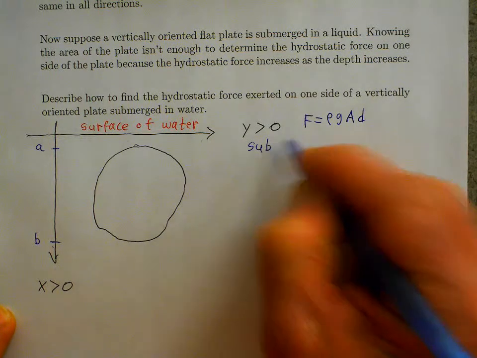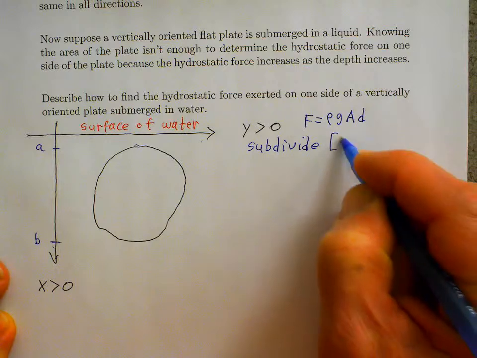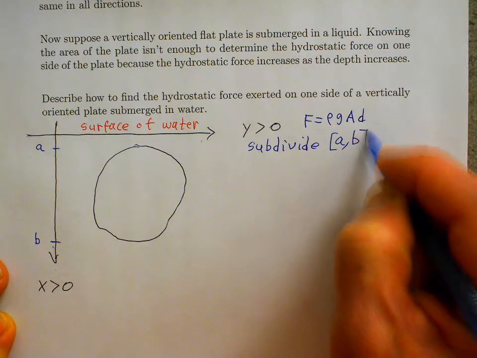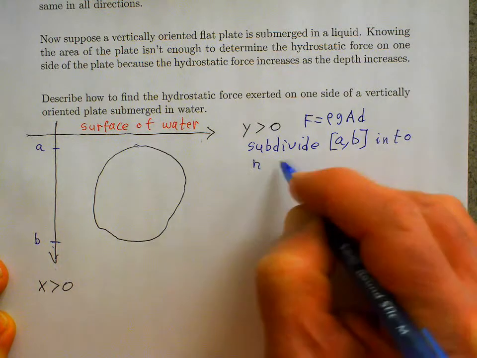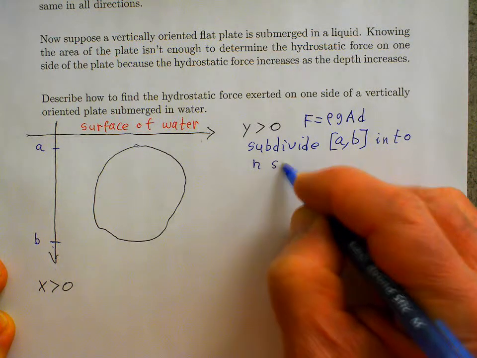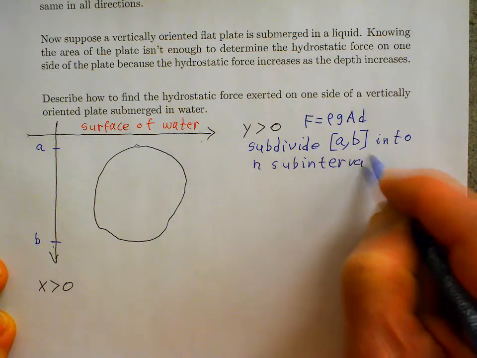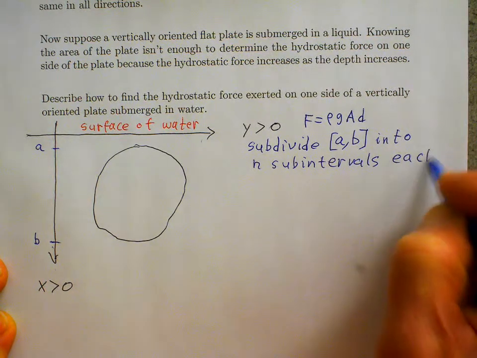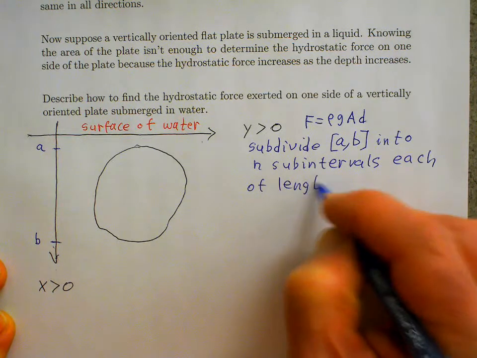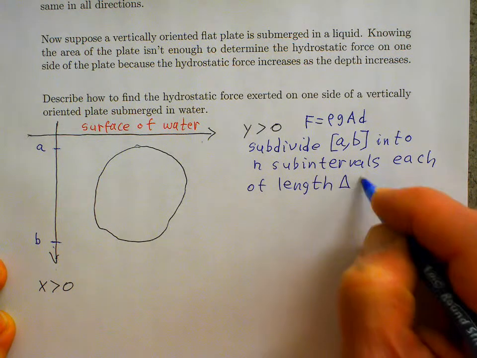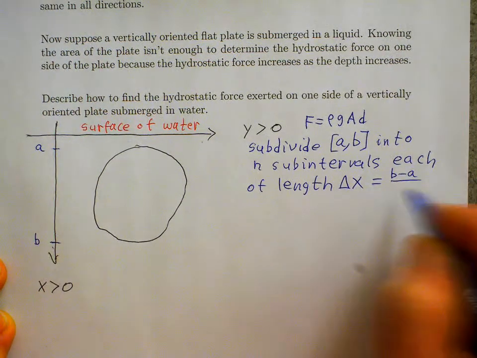So subdivide the x interval from A to B into n subintervals, each of length delta x equals b minus a divided by n.